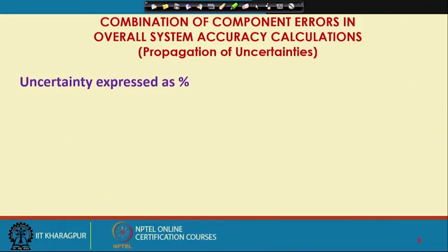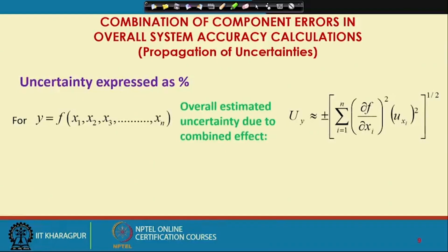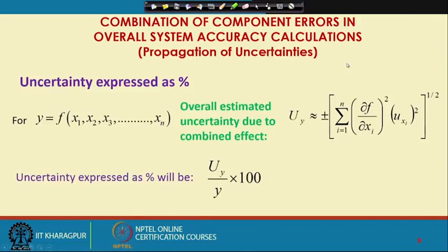Uncertainty can also be expressed as percentage. As we saw in previous slides, the overall estimated uncertainty due to combined effect is this. Now, we can also express this uncertainty in y as percentage as follows.